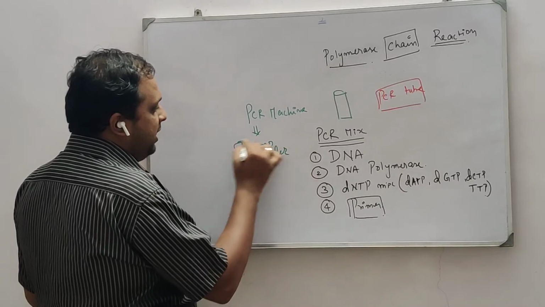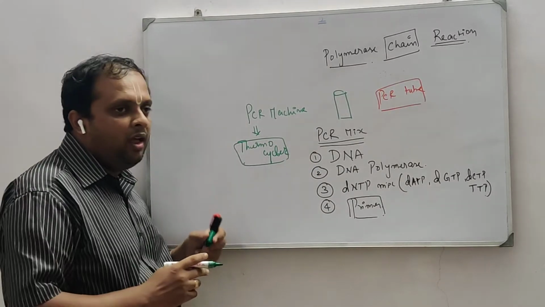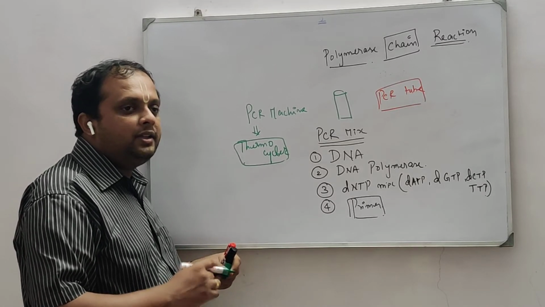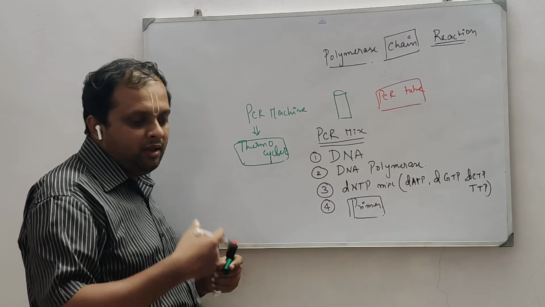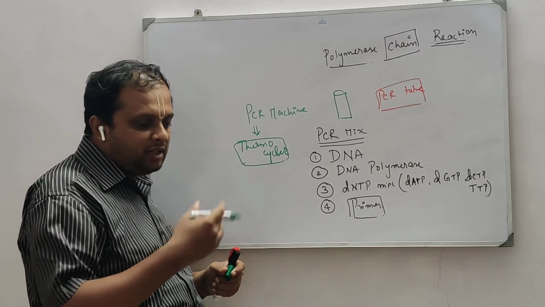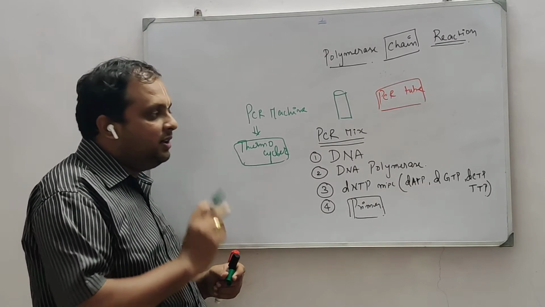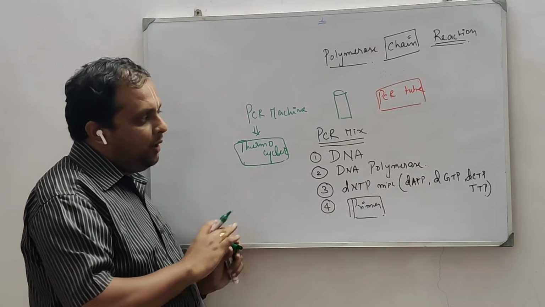What do we mean by the term thermocycler? Continuous variation in temperature. Temperature will be provided through heat, so heat will be cycled, hence the instrument has got the name thermocycler. Right? So I hope this is clear.